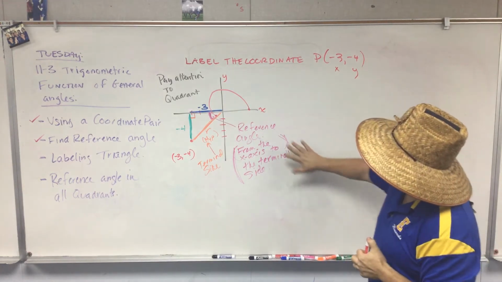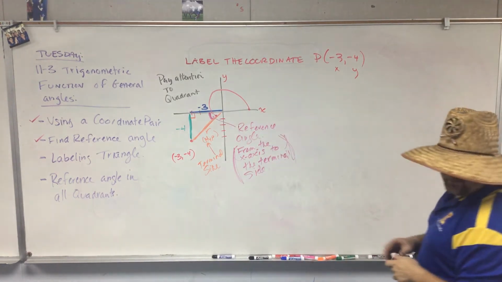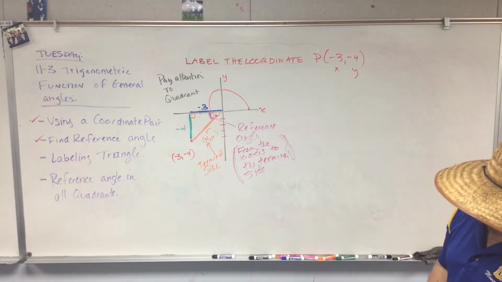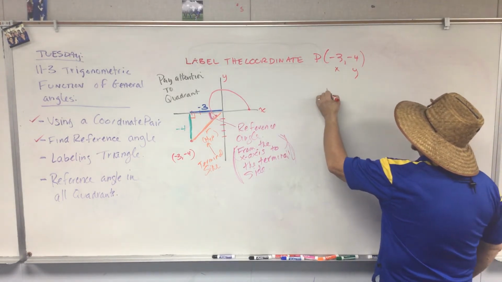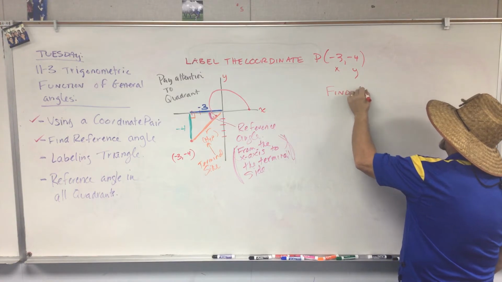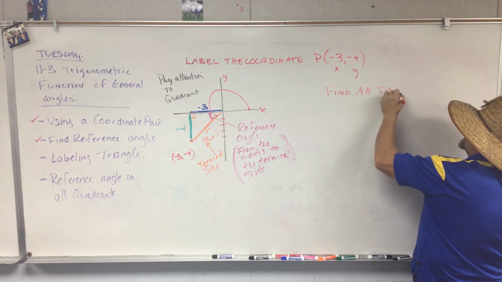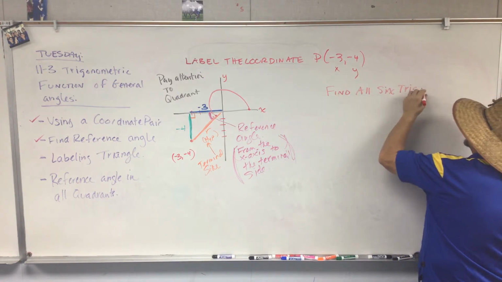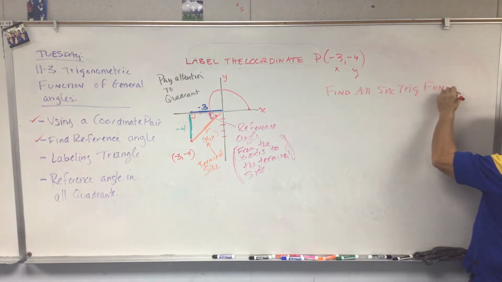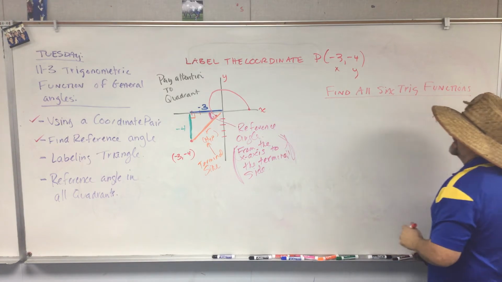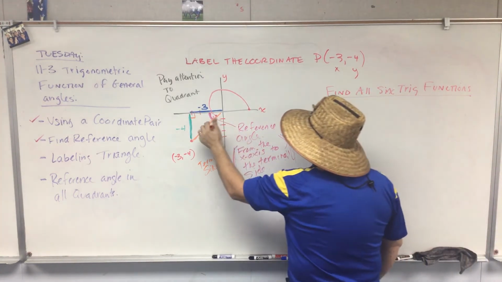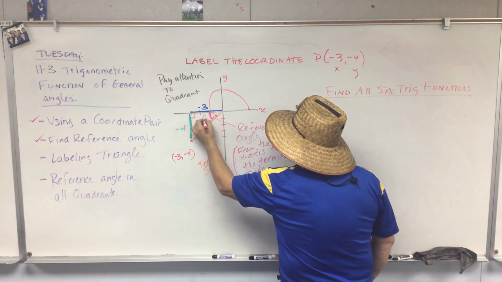So with that type of information, we can find out some different pieces. First thing they want to know, let's say, is find all 6 trig functions. So if we want to find all 6 trig functions, we'll call this theta.